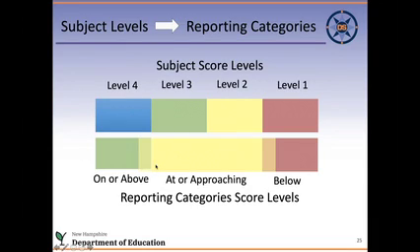So if I score a high at or approaching, I could be a level 3, but I could also score a low approaching and be a level 2 or a level 1. So that is the part that makes it a little bit confusing with the 3 reporting levels.